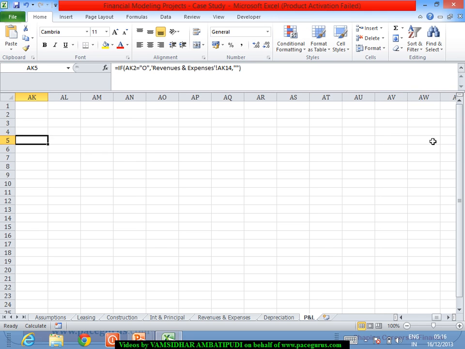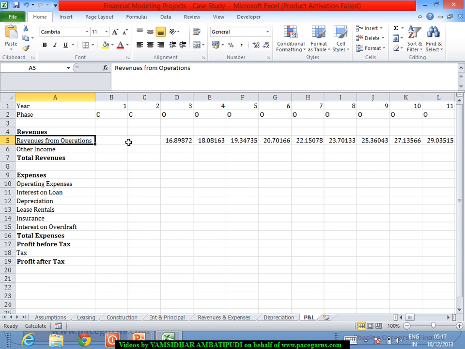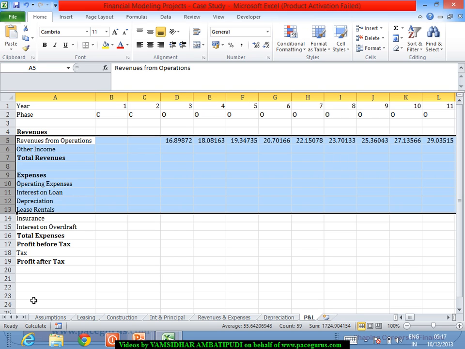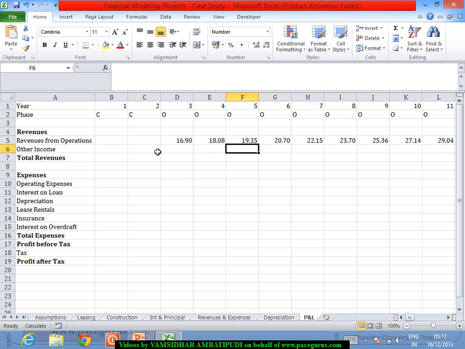Alright, let me check whether things are updated properly or not. Yes, before I move further, I think the better way to handle this entire thing is to do a number based formatting of this entire area, so that it looks much better. Then other income is something which we currently don't have information on, because only when I prepare a cash flow statement will I know whether I am having a surplus cash or a deficit cash.